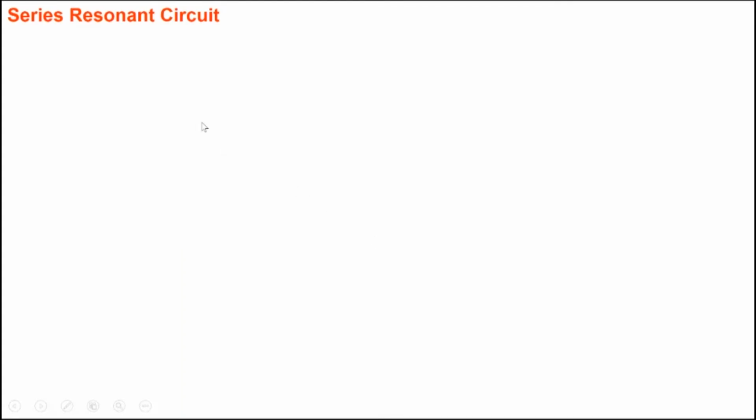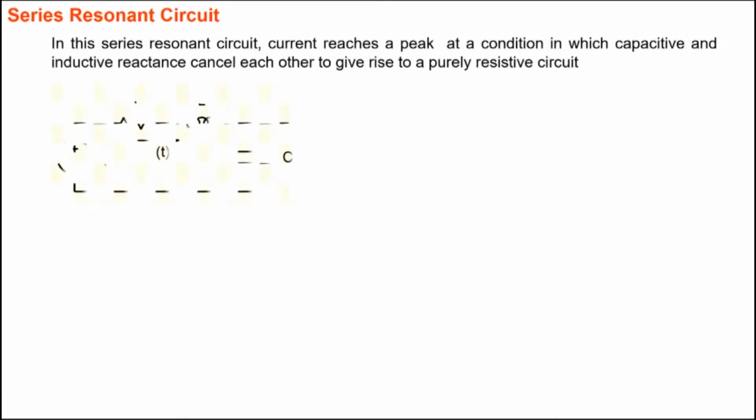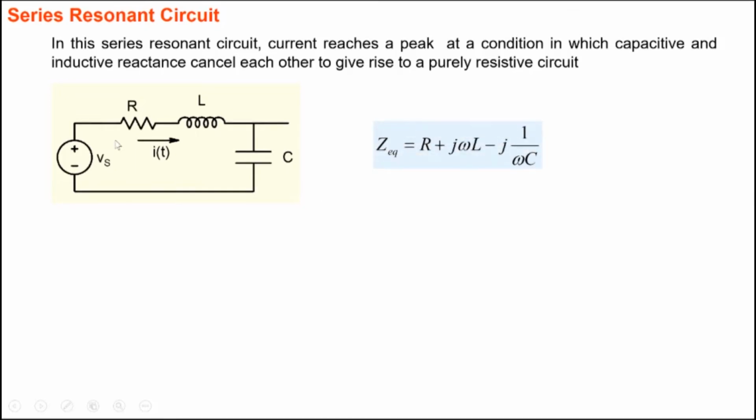All right, so let's look at these resonance circuits, series LCR, series resonance circuits, and parallel resonance circuits in a little bit more detail. So we have RLC here, and let's look at the amplitude of the impedance of this system.